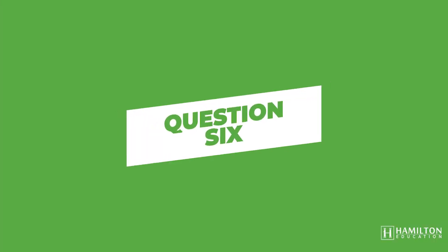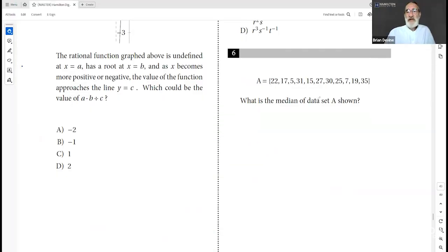Question 6. What is the median of data set A shown? Well, to find the median, I have to arrange them from low to high. So I'm going to put it from the lowest one up to the highest one.